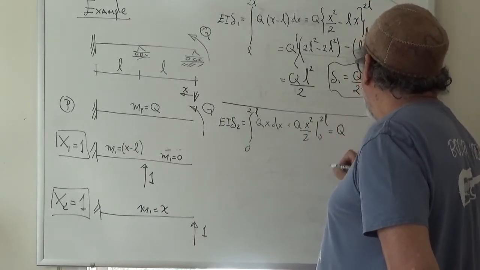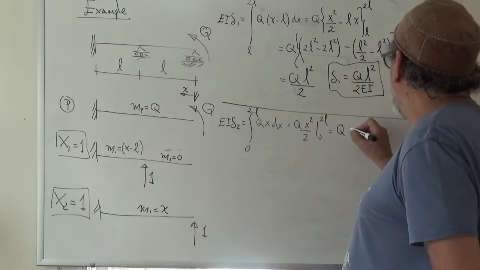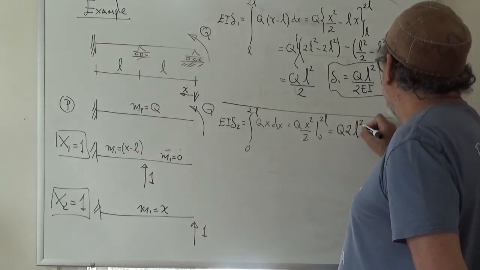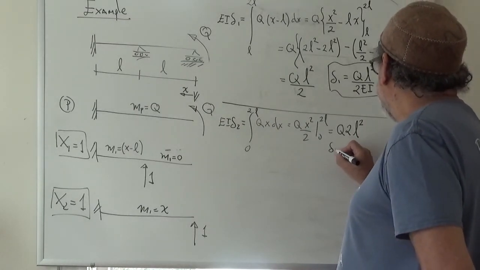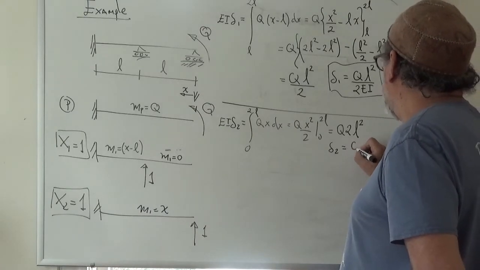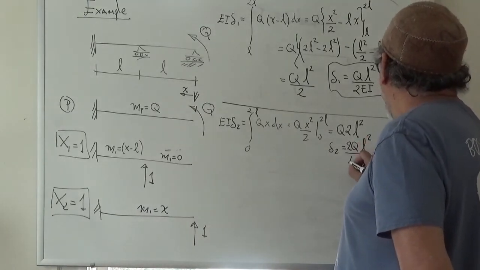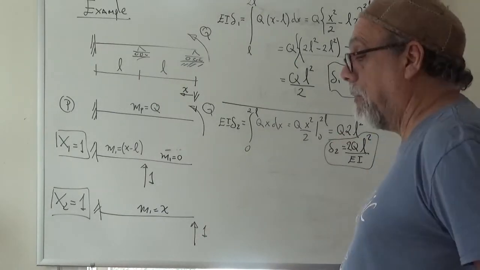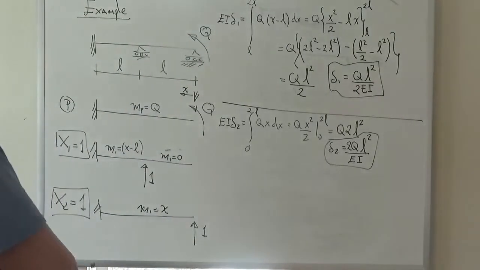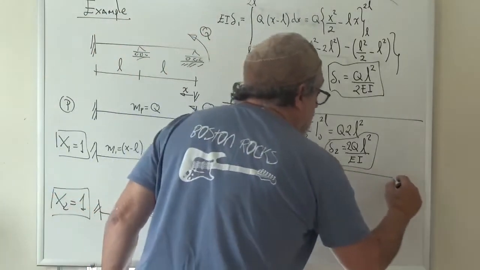So that's just Q times 4L squared divided by 2, which is 2L squared, right? And therefore we have that delta 2 is equal to 2QL squared divided by EI. Right? Let me check that one. Yes, 2QL squared divided by EI. So we got that one done.